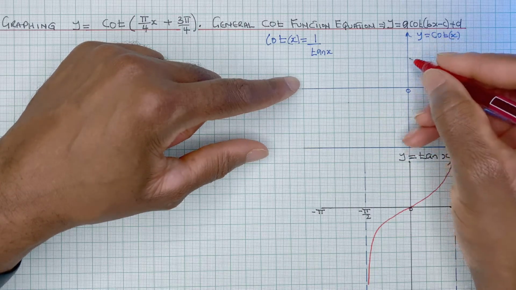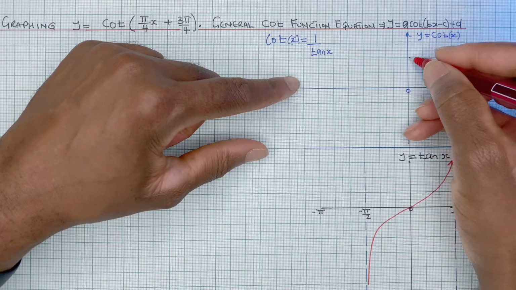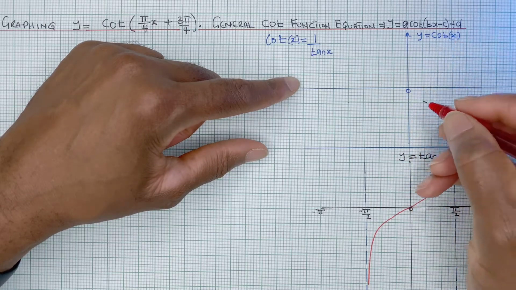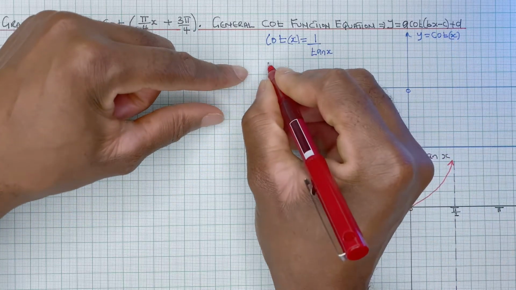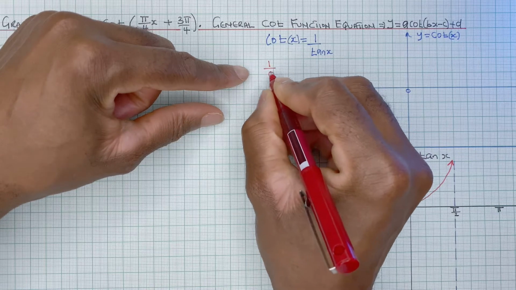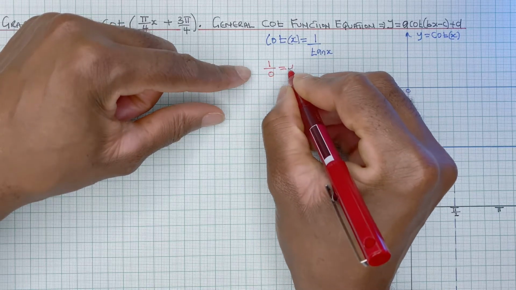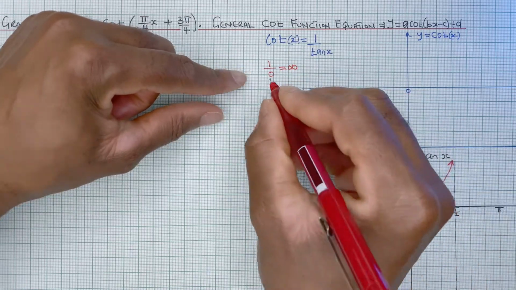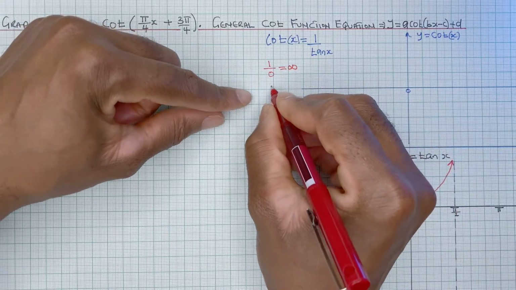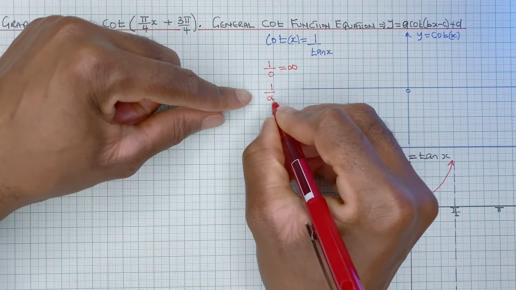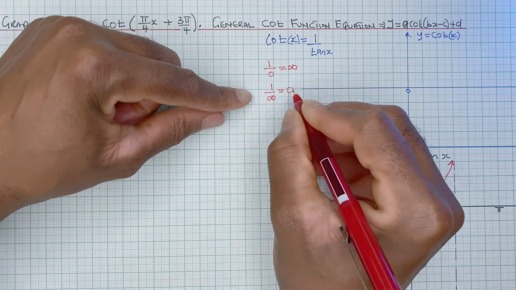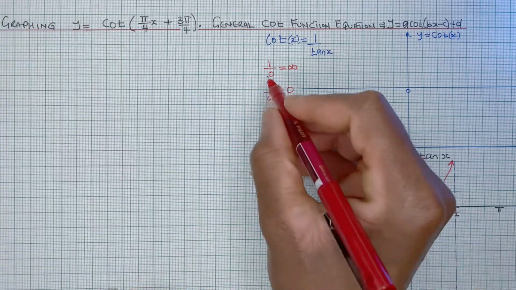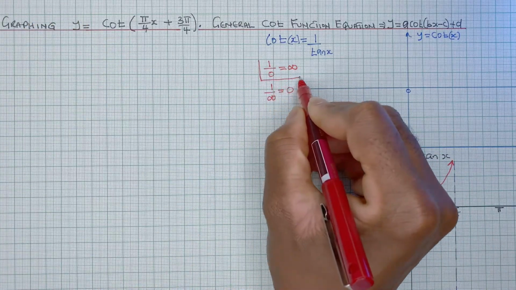So that means that when x equals 0, that's the line of asymptote for cotangent, because 1 over 0 is what we call infinity. And at the same time, 1 over infinity is what we call 0. So those are the two important things here.